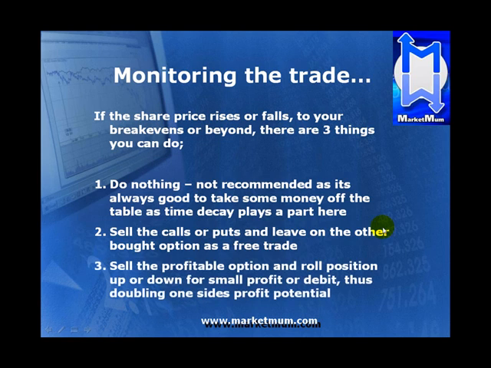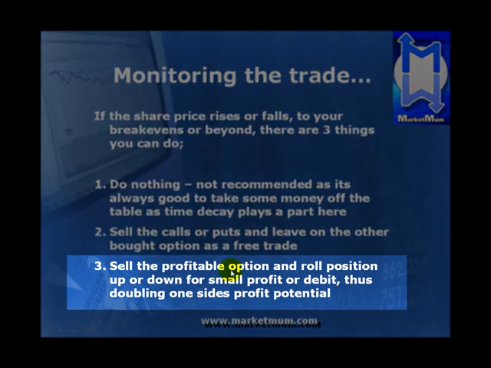But number 3 is the one I do, and I suggest that you do, is you roll out. So what you do is sell the profitable option, and you would be selling it for the amount that you actually paid for the whole strangle or more, because that way you've basically paid for the whole thing with just one option, which is the aim of the game.